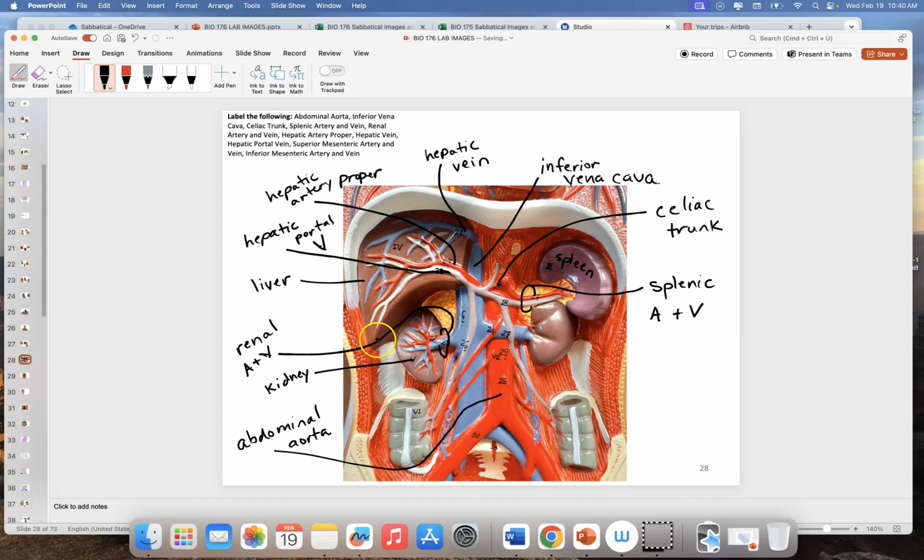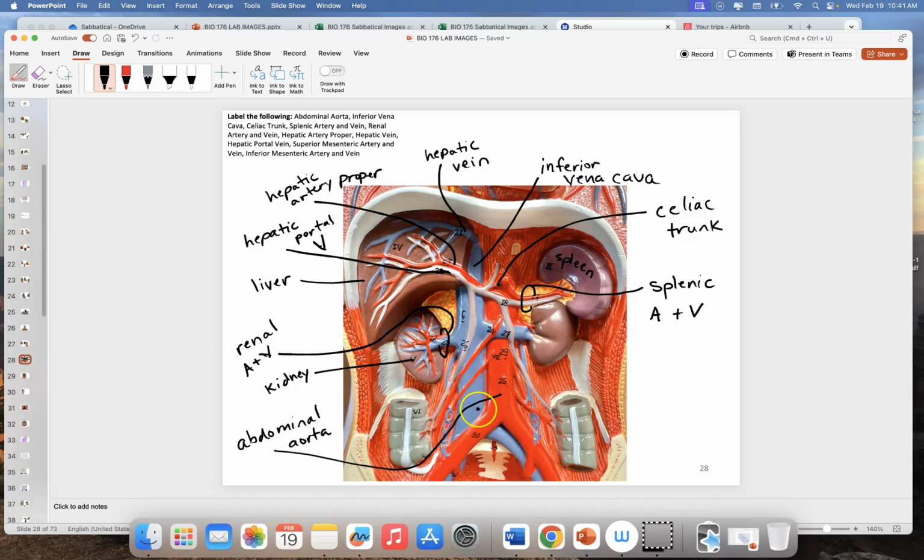We also have vessels that are going to support the mesentery. We have superior mesenteric and inferior mesenteric arteries and veins.